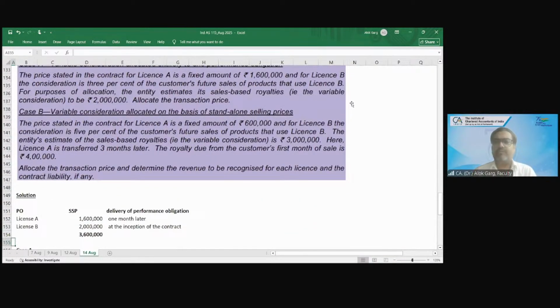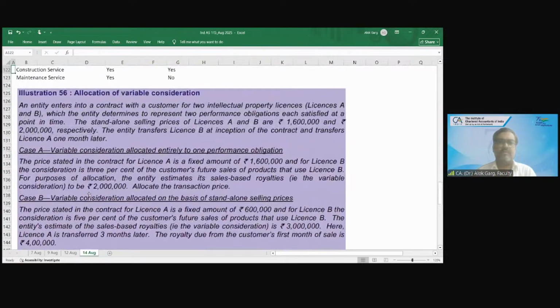Sir, in this question number 56, percentages like 3% or 5% are given. Is there any use of this? Since the outcome is already given, there is no use. If the outcome had not been given and they had given 3% royalty on the basis of sales, with sales of 1 crore, then you would need to compute 1 crore multiplied by 3%, or 10 crore multiplied by 3%, whatever.